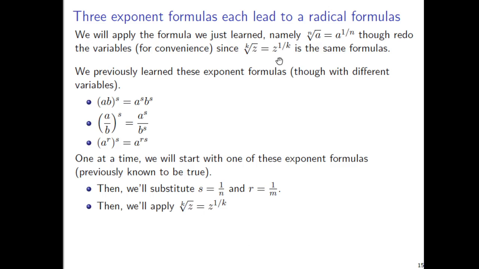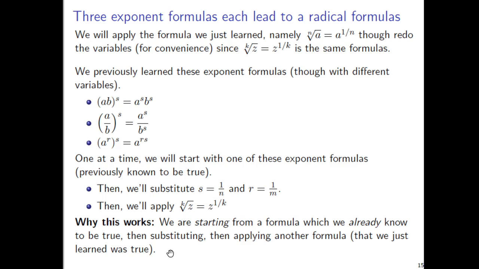And then we're going to apply this new formula at the top of the slide, kth root of z equals z to the 1 over k. And that's going to give us a new radical formula. So from the first exponent formula on the first bullet, we'll get a new radical formula. From the second exponent formula, we're going to get a new radical formula. And from the third exponent formula, we're going to get a third radical formula.